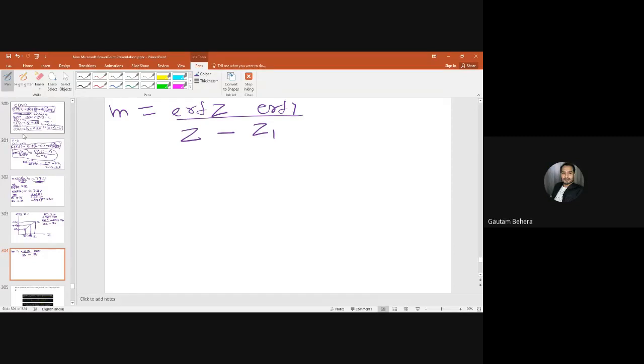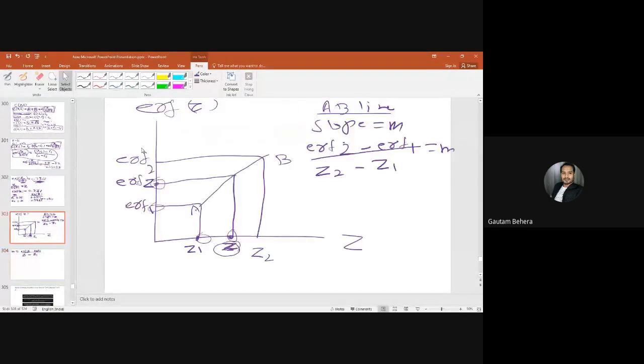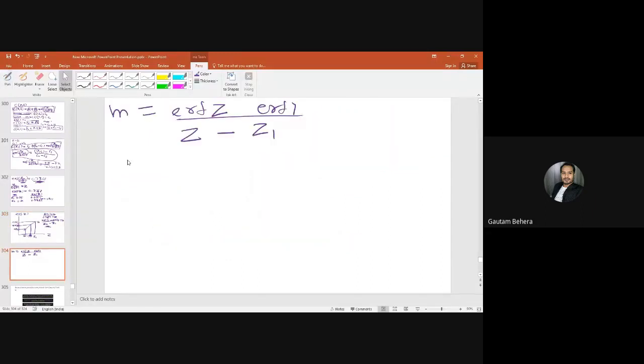Yes, sir. So finally, if you solve this, this one is equal to M and that one is also equal to M, right, slope. So I can write error function Z is equal to error function 1 plus M times Z minus Z1, right?